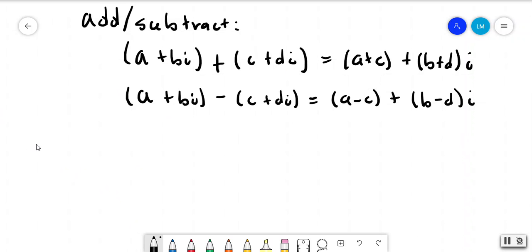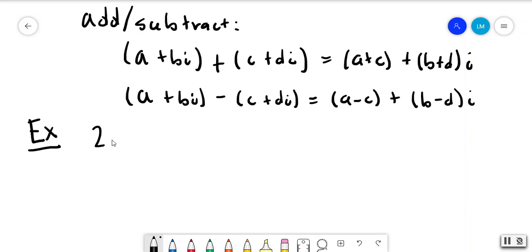I'm only going to do one example because I want to look at multiplication and division, and then at how you can use them in trig. Technically this is a review.